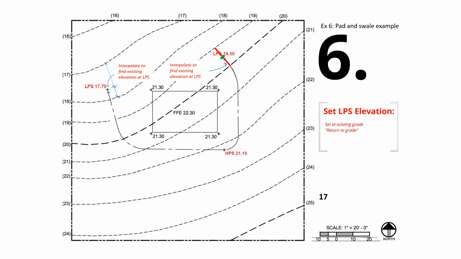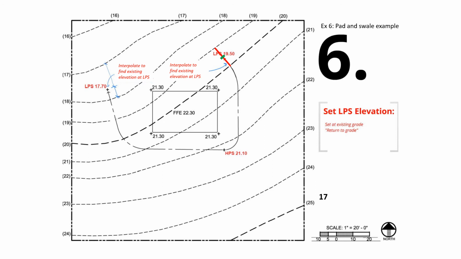In other cases, you may say, I think we can locate the LPS a little higher so that water returns to sheet flow sooner, or you simply want to try something else and don't want to take the easiest route of finding the midpoint. That's totally fine too, right? You could try LPS equals 17.70 as shown on the screen, or you could try 17.60, 17.80.